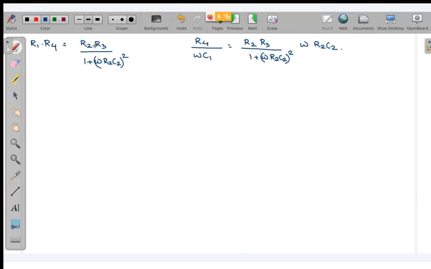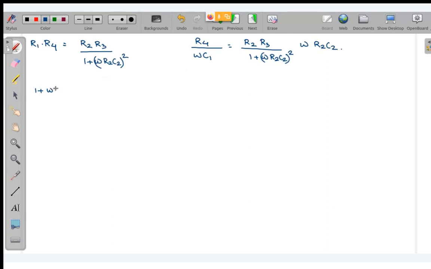Okay, if this is the case, then see, the term 1 plus omega R2 C2 square is appearing in both the terms. If some way or the other I can manipulate this part, then solving will be easy.